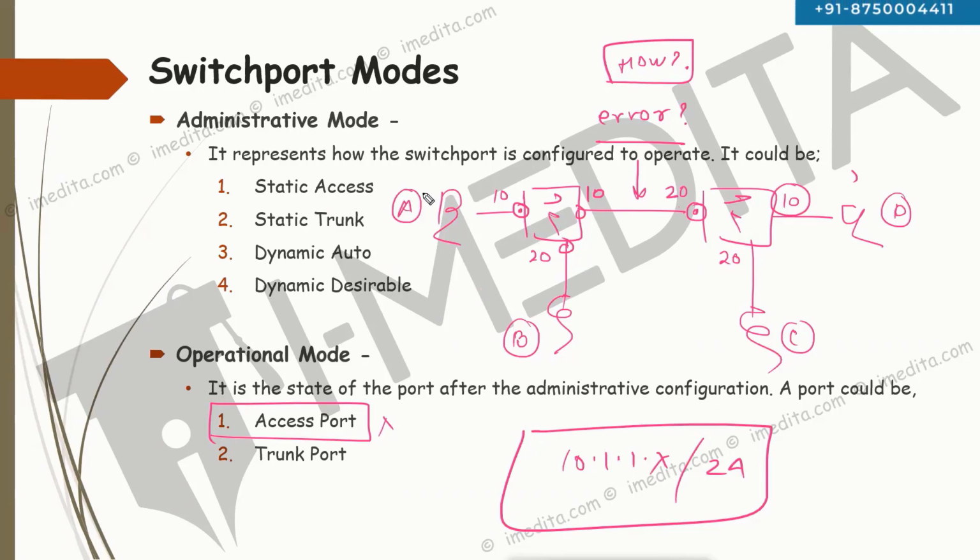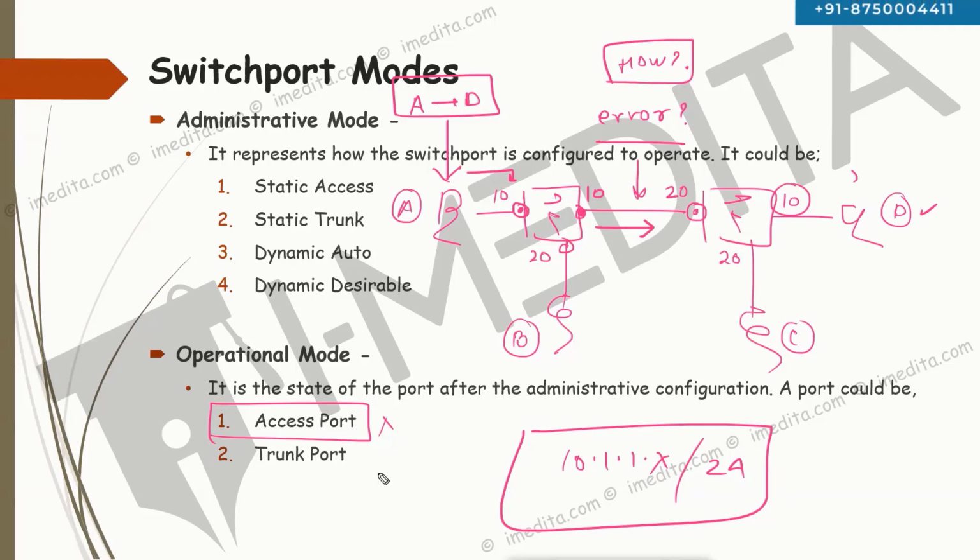So this device sends the traffic from A to D here. Traffic arrives onto this port. This port is an access port and belongs to VLAN 10. So traffic will exit out of the port that is part of VLAN 10. Out of these two ports, which port is part of VLAN 10? This port is part of VLAN 10, so the traffic will exit out of this port.